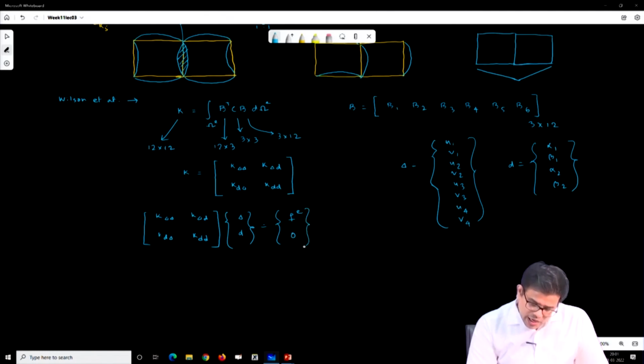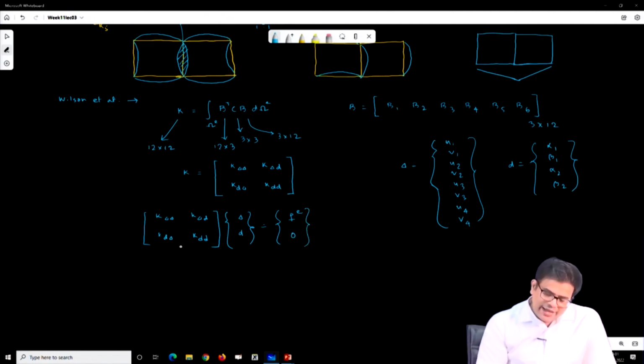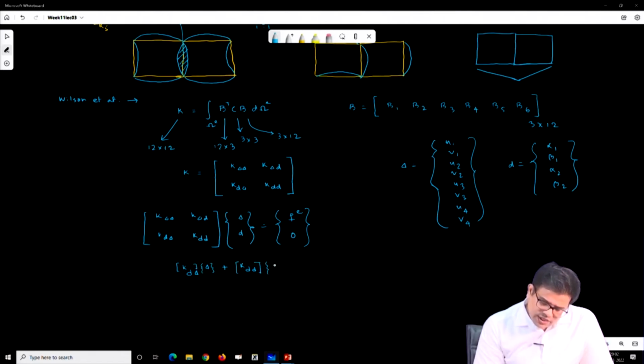Now I can easily remove these degrees of freedom, or these constants, from the overall stiffness matrix. From the second equation, K D delta into delta plus K D D into D, where these are all submatrices and these are subvectors, must equal 0.